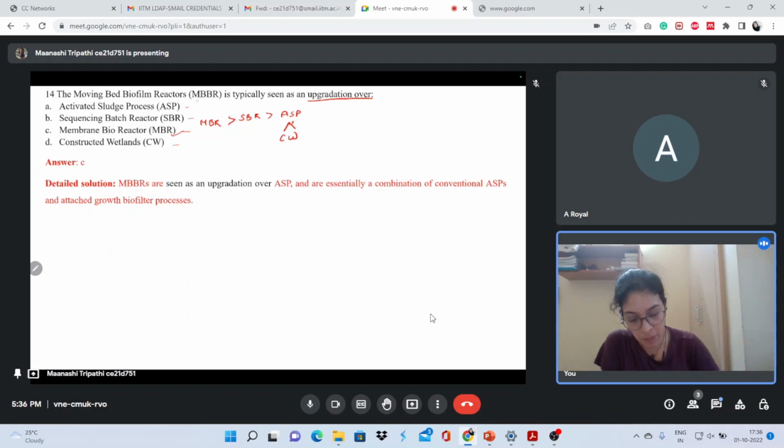So this MBBR will be the combination of MBR and ASP. Okay, so that is why the answer... ASP is there. In ASP only we are adding media, but the performance will be better than MBR itself. So that is why we will say that it is an upgradation over MBR.